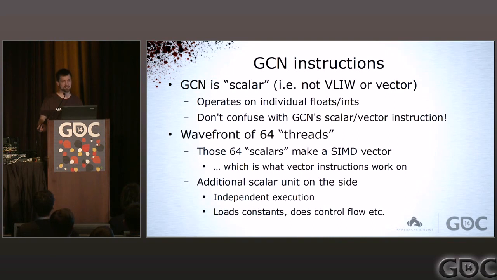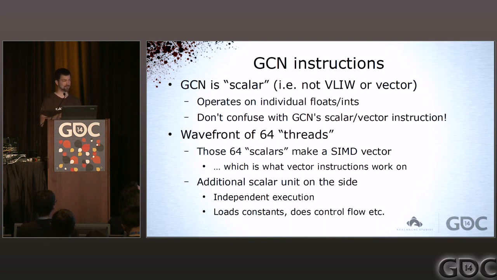GCN is a scalar architecture in the sense that it's not a vector architecture. From the point of view of a single shader, like a single pixel, it looks like a scalar. Of course, under the hood, it's a bit different. It's easy to confuse GCN's scalar and vector instructions when you hear that it's a scalar architecture, so why does it have vector instructions?